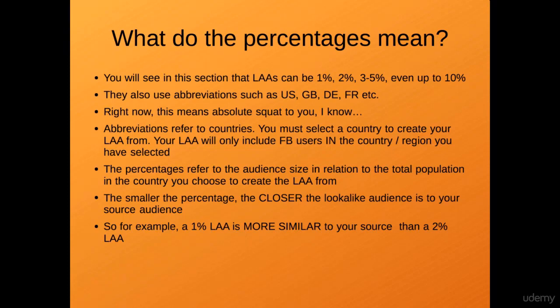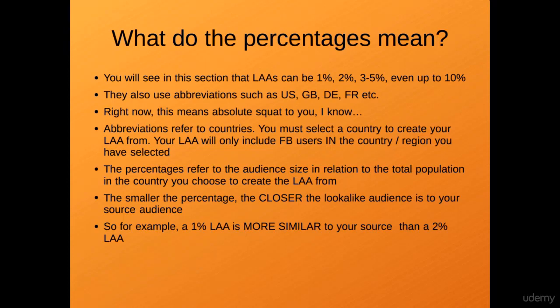The percentages refer to the audience size in relation to the total population in the country you choose. So let's say we chose US, then the percentage of that audience, be it 1%, 2%, 3 to 5%, would refer to the population size in relation to the total population of the US. And the smaller the percentage, the closer the lookalike audience is to your source audience.